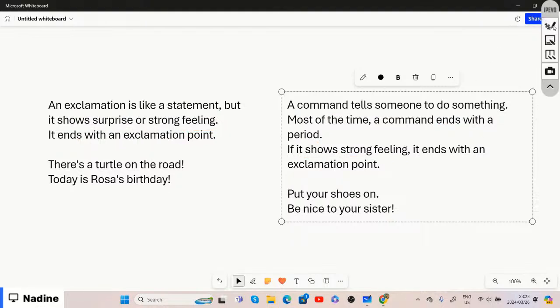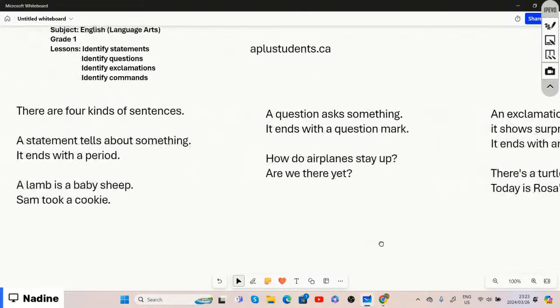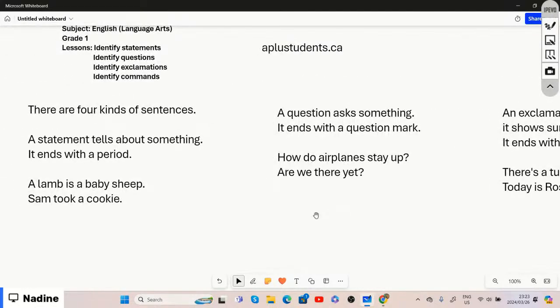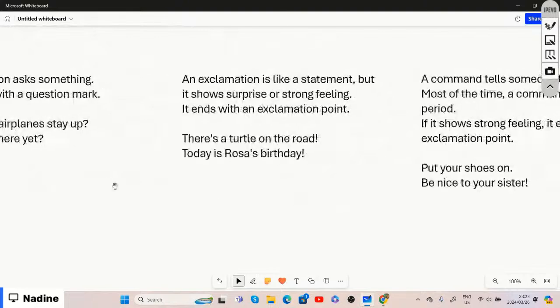So we have four types of sentences, right? And we said we have a statement which tells you about something, and it ends with a period. Then we have a question, and a question asks something, and it ends with a question mark. And then we have an exclamation, right?